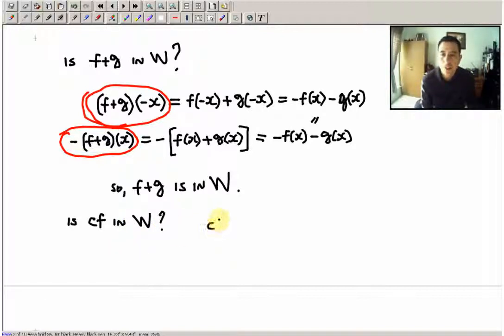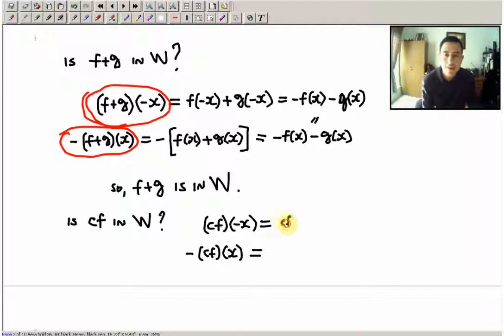First I do c f of negative x, and then I compare with the negative of c f of x. Let's compute the top and the bottom and see if they're the same. If they're the same, then cf is an odd function, therefore it's in W.